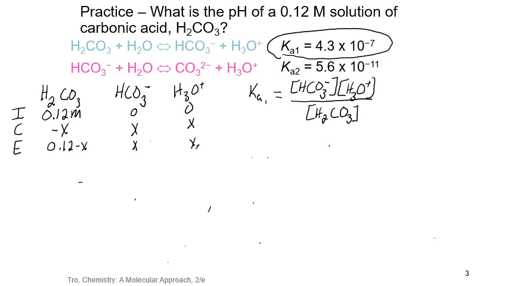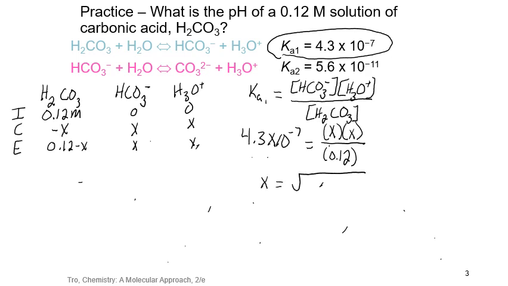And so we can substitute in our values. Again, we're assuming that x is small, so we're leaving that out of our equation. We're going to solve this, and x is going to be equal to the square root of our initial concentration times our Ka.